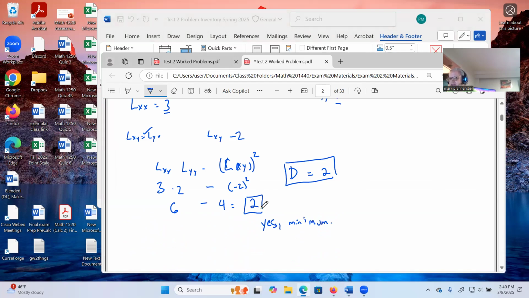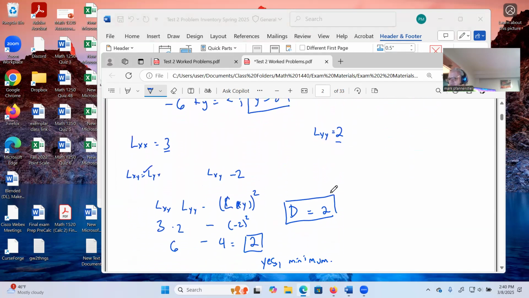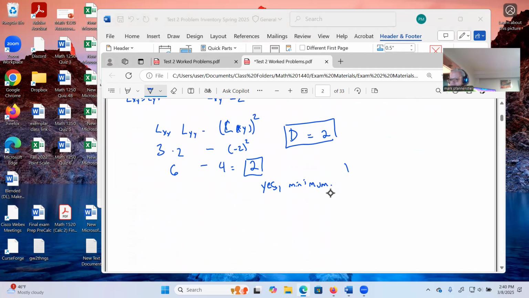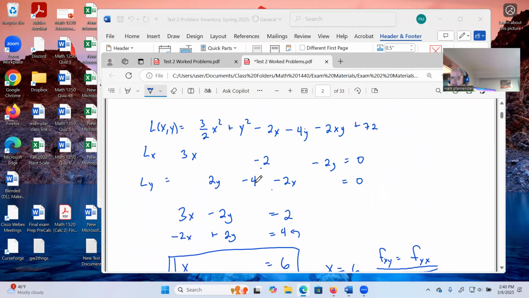Okay, and that is when x was equal to, what did we find out? 6, and y was equal to 8. x equals 6, y equals 8. What is the labor cost when we go all the way back up here? We can write down the original formula again and plug this in.